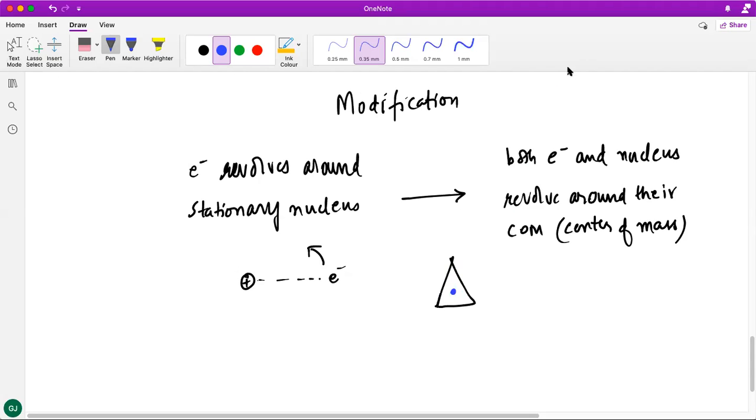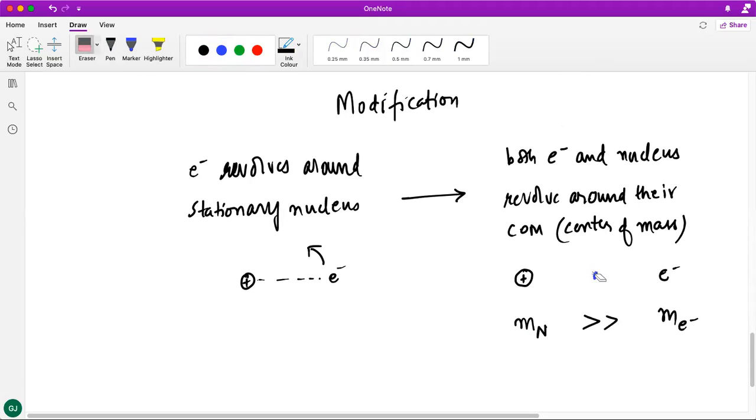So here also, on those intuitive lines, notice: you have the nucleus and you have the electron. If both were of the same mass, m and m, where would the center of mass be? In between. However, we understand that the mass of the nucleus is much greater than the mass of the electron.